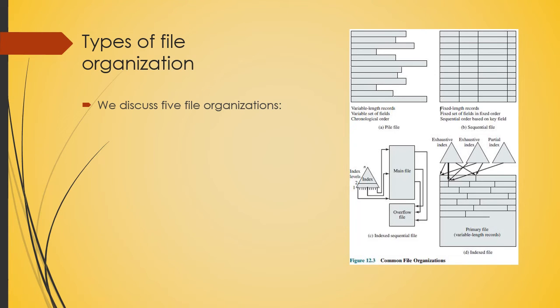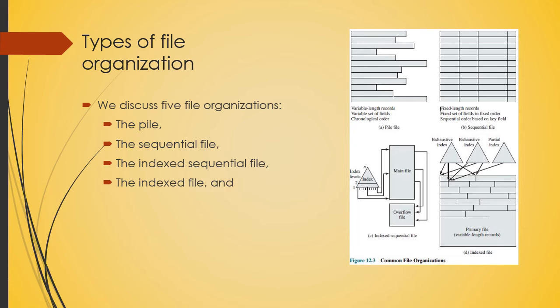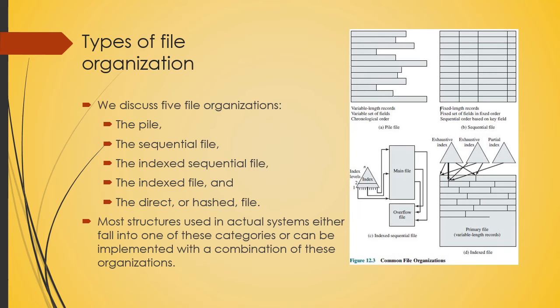We discuss 5 file organizations: the pile, the sequential file, the indexed sequential file, the indexed file, and the direct or hashed file. Most structures used in actual systems either fall into one of these categories or can be implemented with a combination of these organizations.